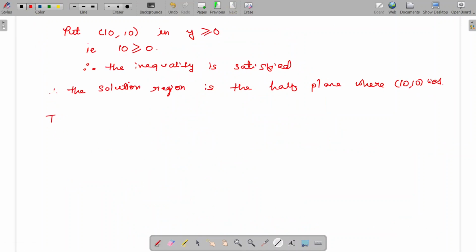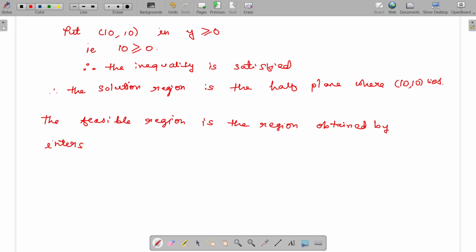Okay, so the feasible region is the region obtained by intersection of all the solution regions.